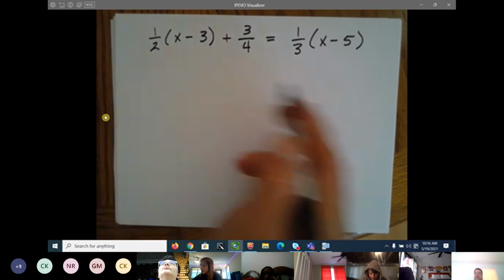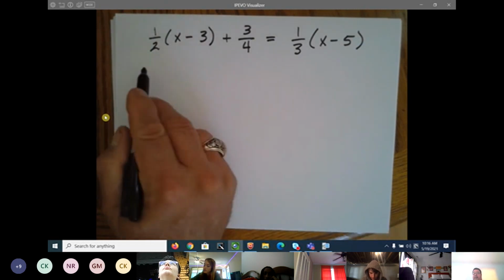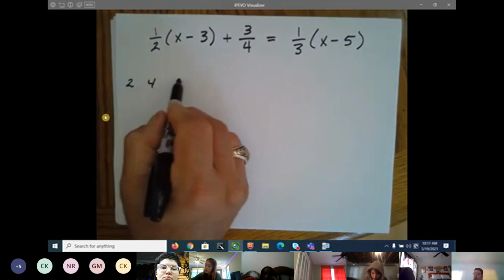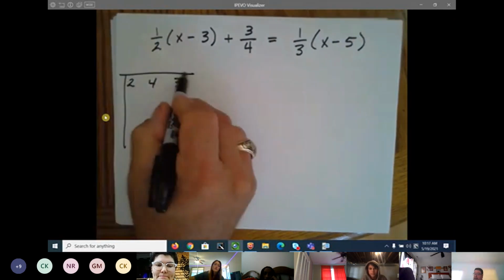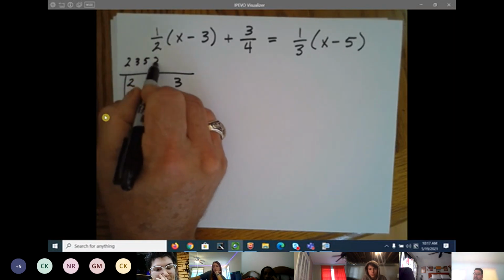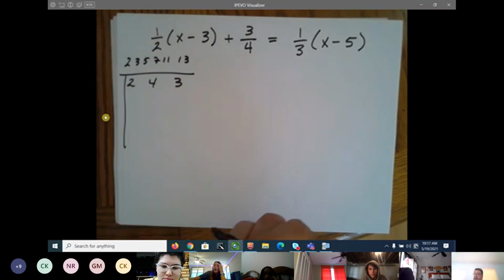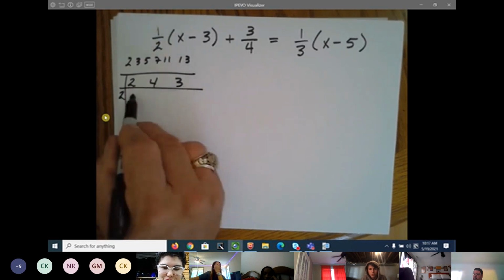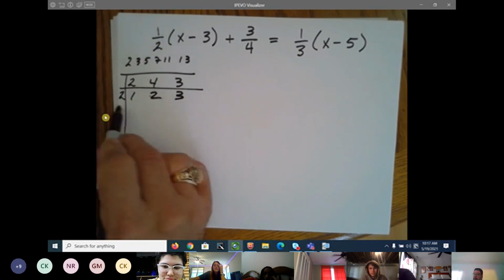We're going to clear the fraction by multiplying through by the common denominator. 2, 4, 3, or 2, 3, 5, 7, 11, and sometimes 13. I'm going to divide by 2. That's going to give me a 1, a 2, a 3.